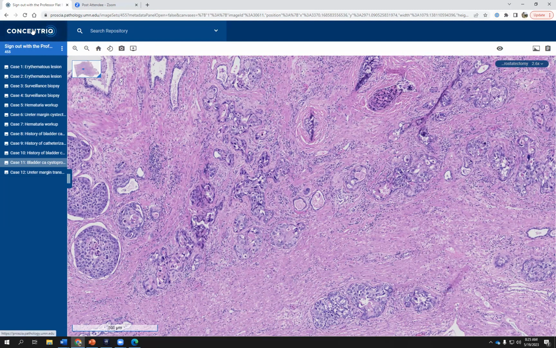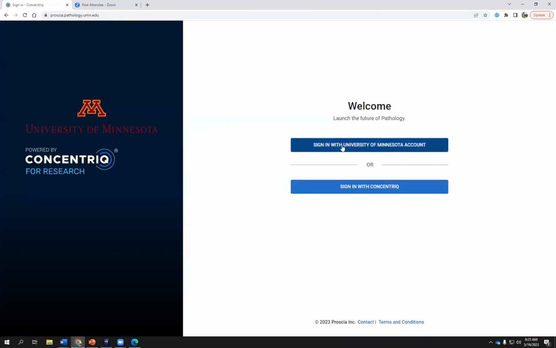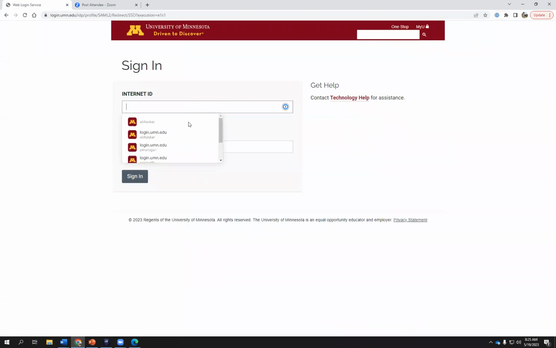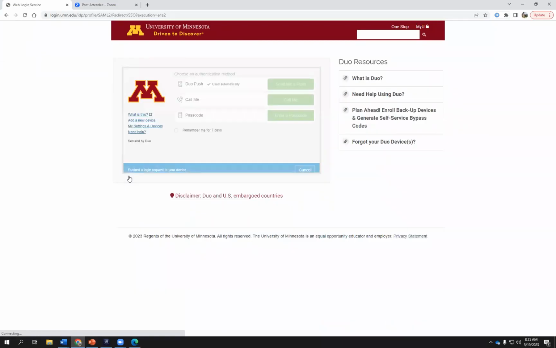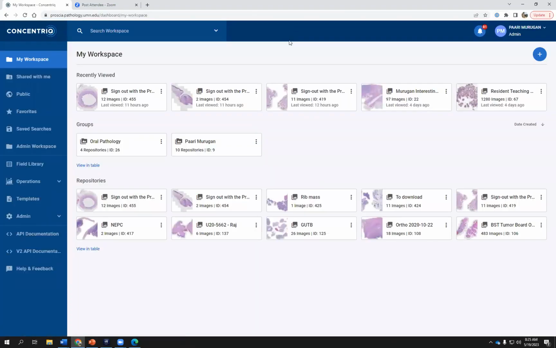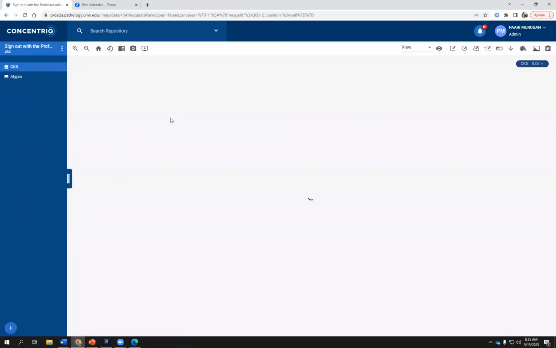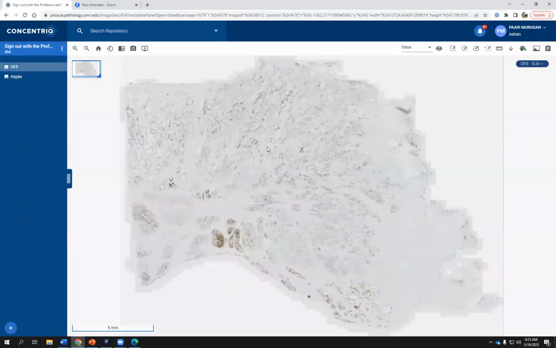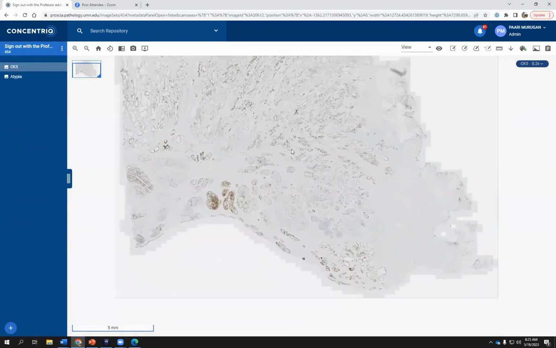So let me show you an example of the CK5 stain in this particular case. All right, so here is the CK5 in this particular case that I was showing you.